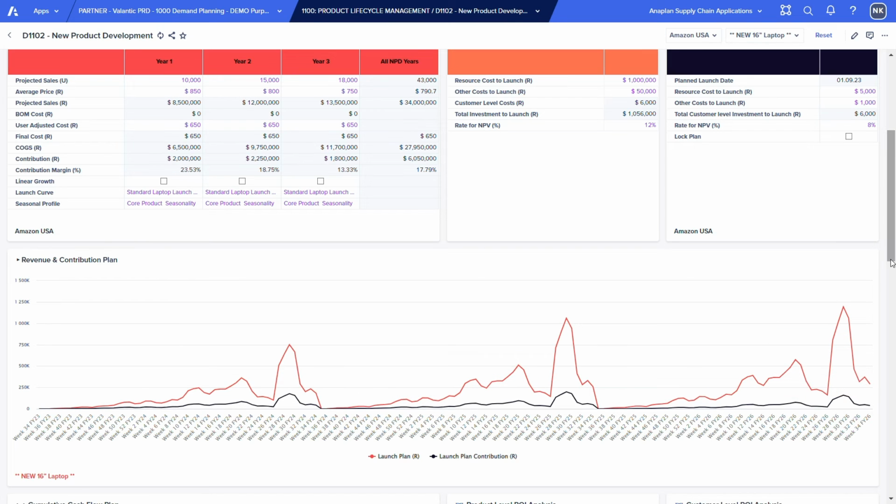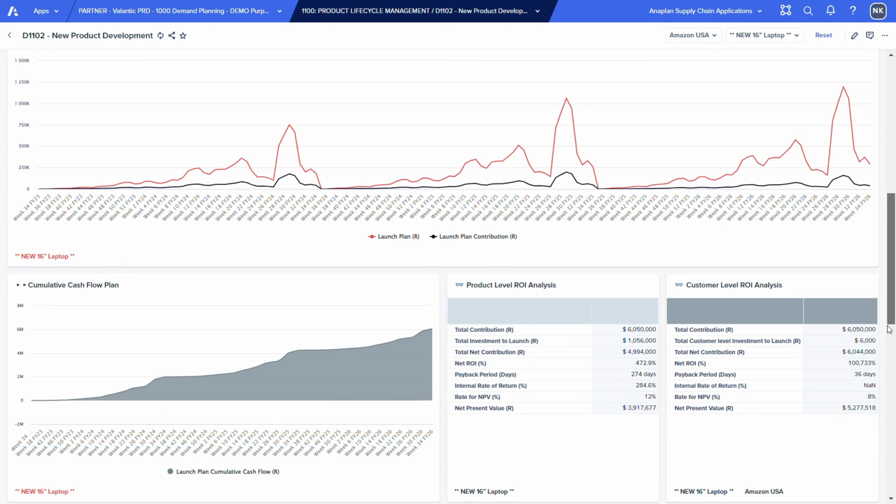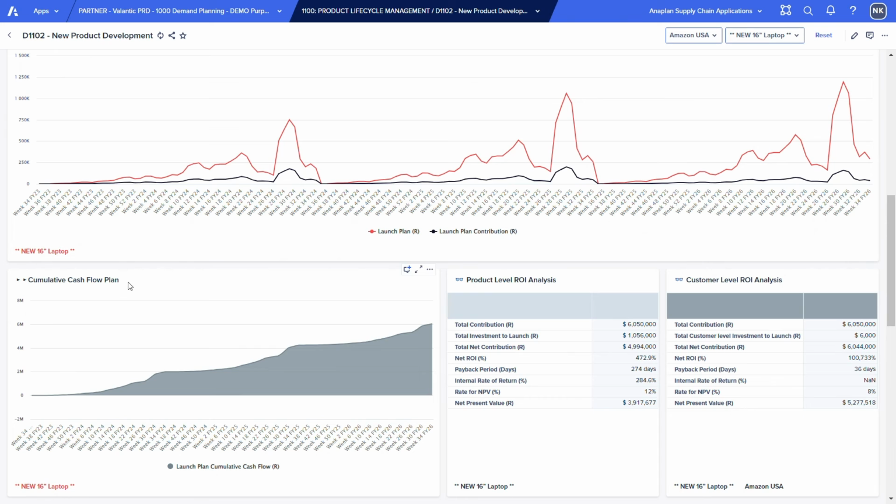Moving further down, we can see that on the left we have a graph which shows our cumulative cash flow plan. We can see the initial investment phase and how it impacts our overall cash flow.